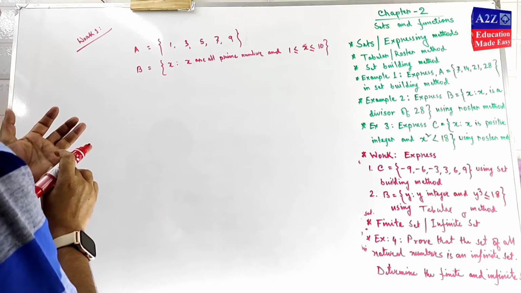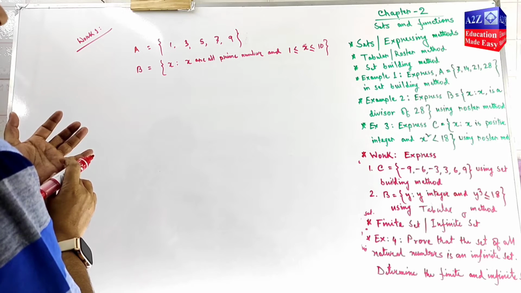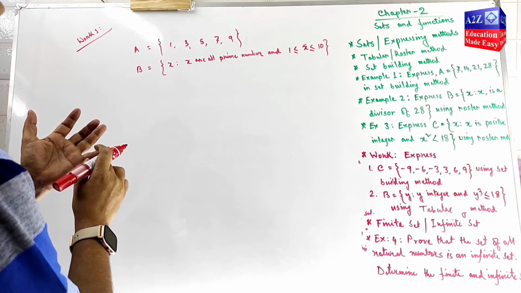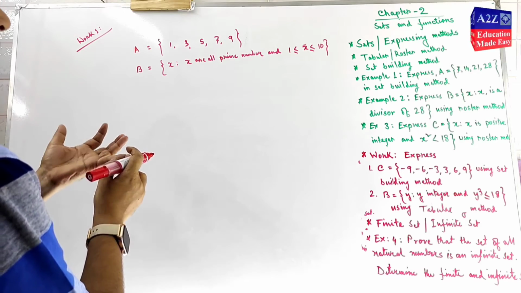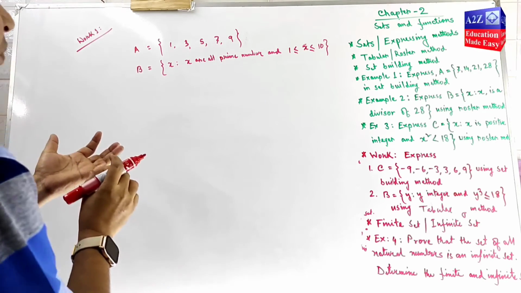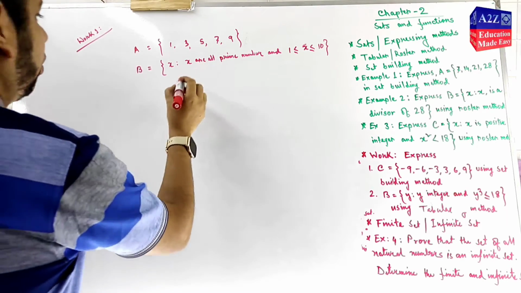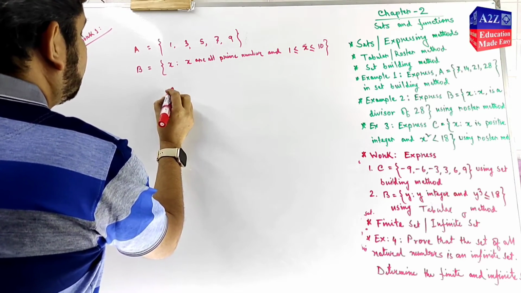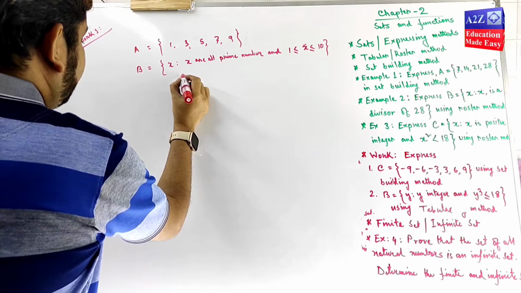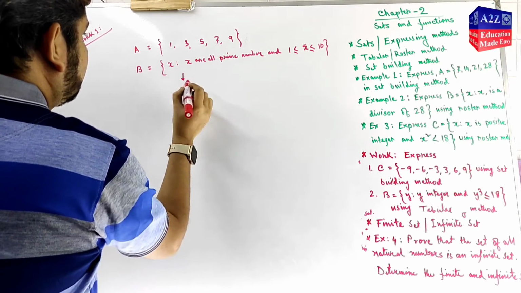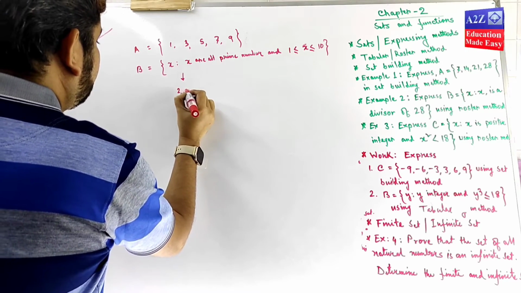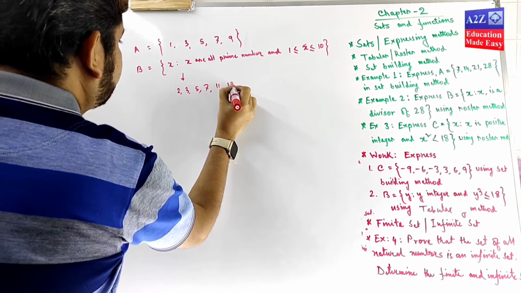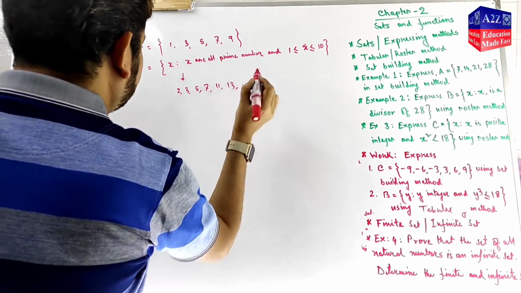Here you will find 1 to 10. The list of prime numbers would be 2, 3, 5, 7. That's all, these 4 items. All prime numbers means, if I would like to prepare a list from this set, then all prime numbers would be 2, 3, 5, 7, 11, 13, and so on.